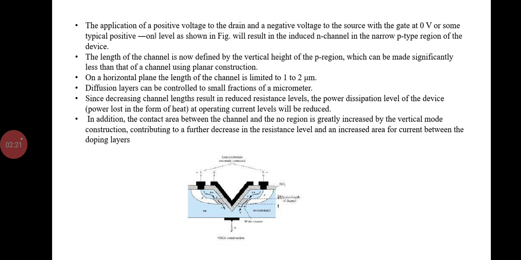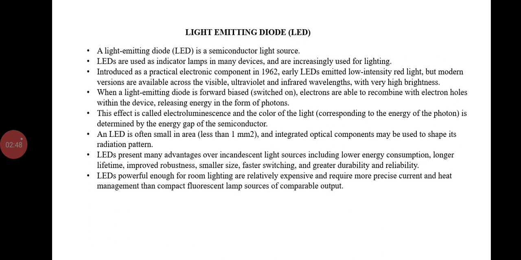The net result is a device with drain current that can reach ampere levels with power levels exceeding 10 watts. Compared with other MOSFETs, the VMOS has reduced channel resistance level and high current and power rating, and it has a switching time less than one half that encountered for the typical BJT. And the next one is the light emitting diode.